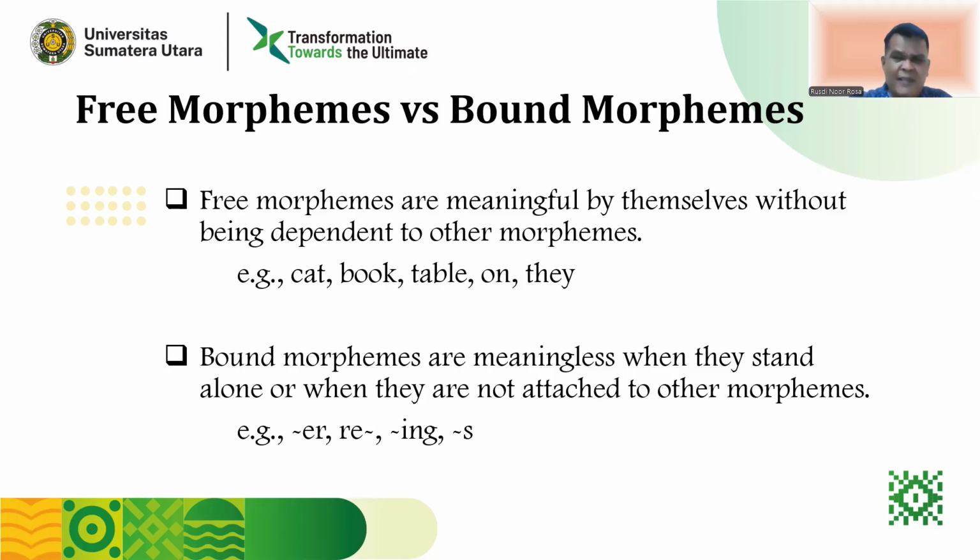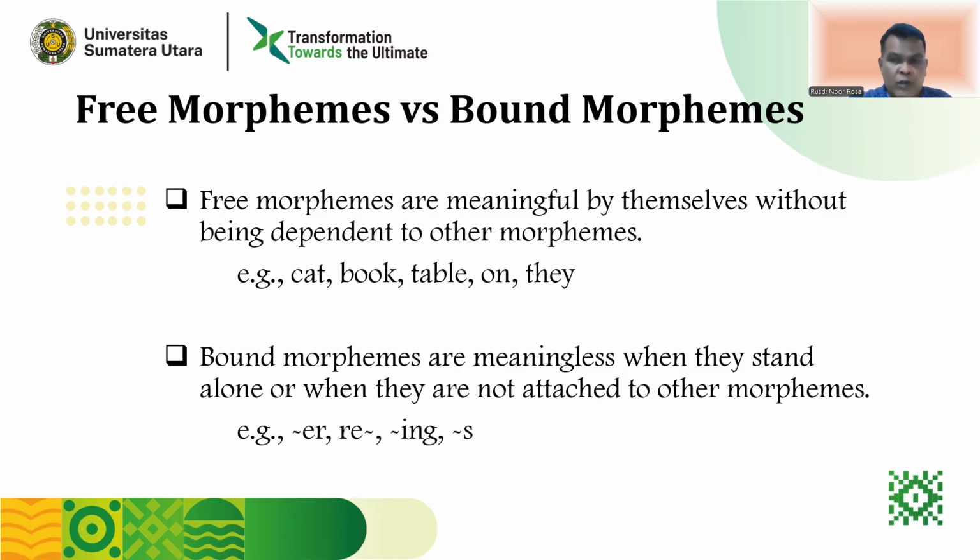Cat has meaning by itself without being dependent on another morpheme. It has its own meaning. And also book, table, on, they, and other words. Now, bound morphemes are meaningless when they stand alone. Morphemes certainly have meaning, but for bound morphemes, their meanings can only be revealed after they are attached to other morphemes.